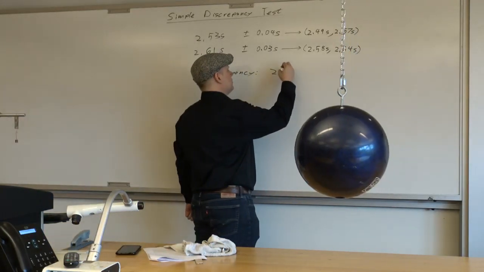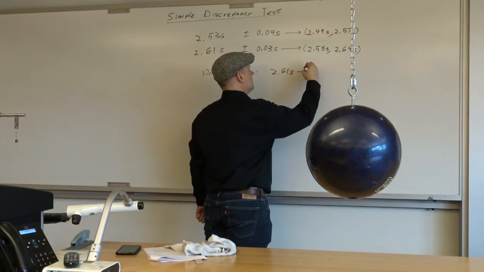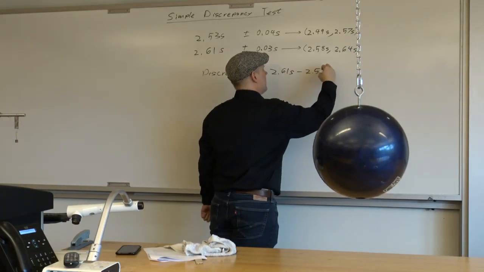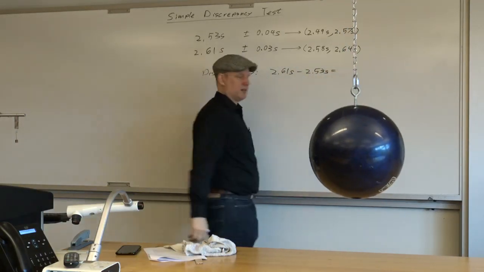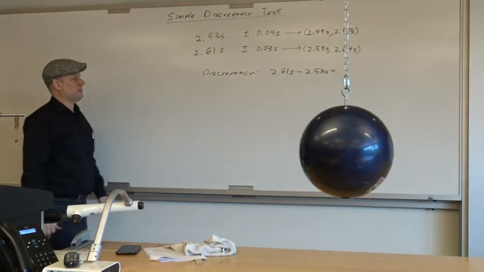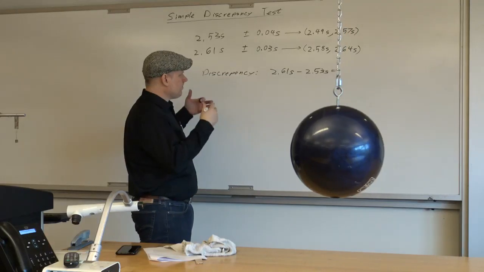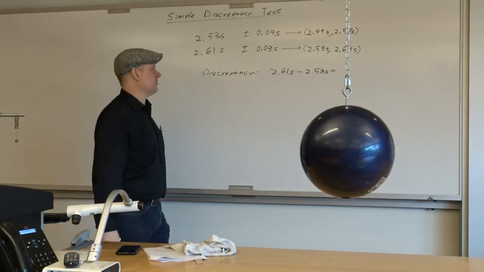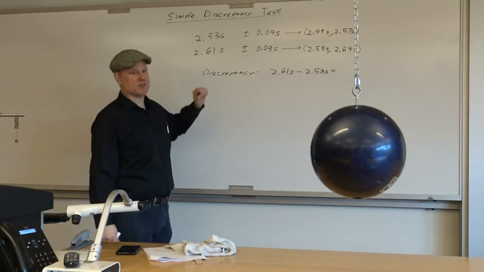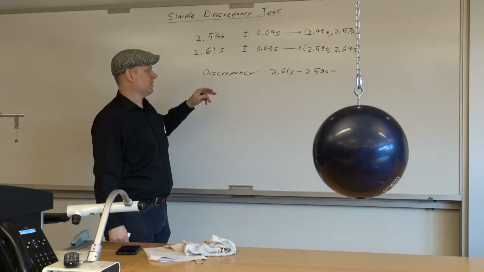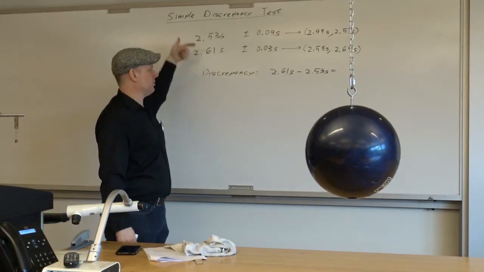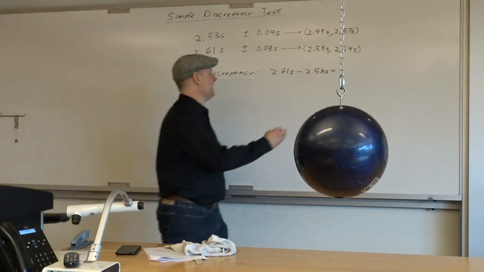In other words, 2.61 minus 2.53. When I ask how different the two numbers are, I literally just take the difference. If you look in the page that's going to accompany this video clip, I will probably write this with absolute value, but really you're just taking the difference. Just put the larger one first if you don't want to get a negative number.